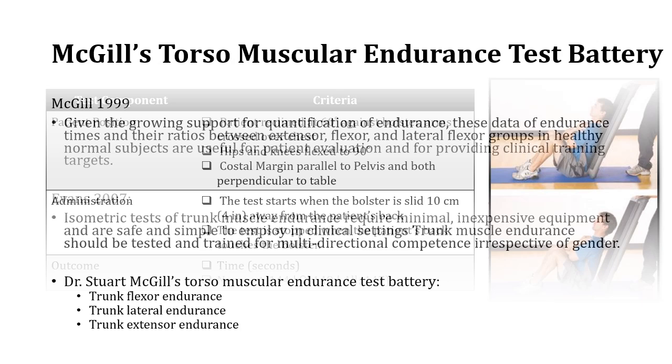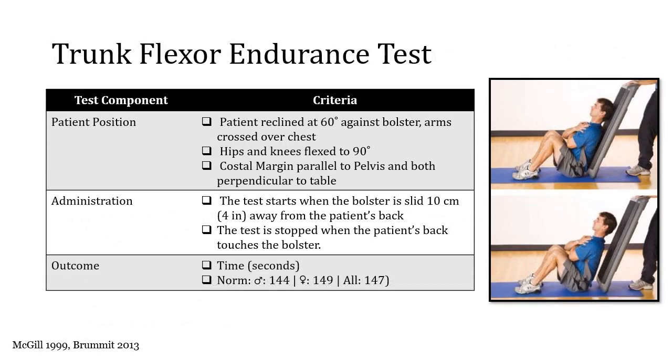So, trunk flexor endurance: the incline is 60 degrees. The patient is in the position shown with the knees flexed and feet flat on the floor. Notice that as the patient begins to fatigue, not only will they potentially drift back towards the surface, but they also may flex further, reducing the amount of force going through the low back, as this becomes easier given the lessened vector of gravity working on the spine.